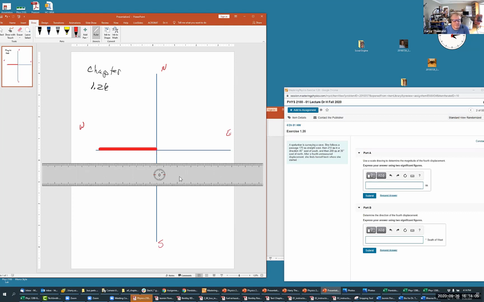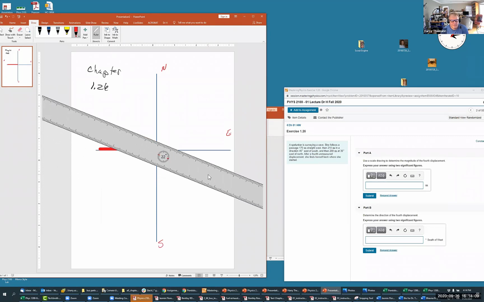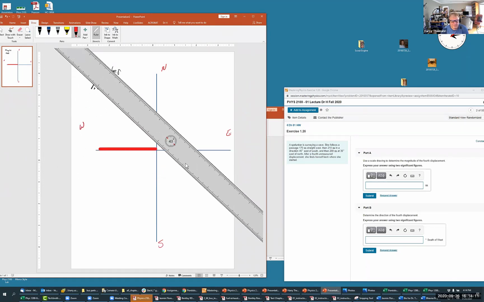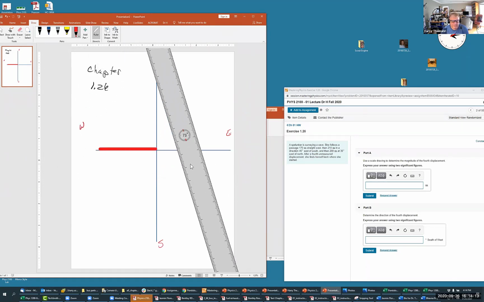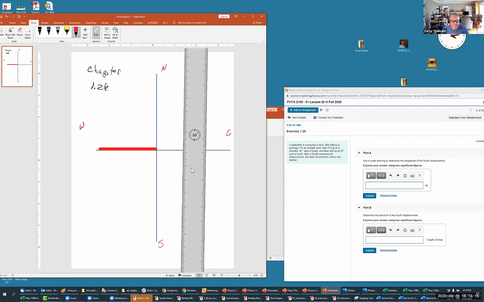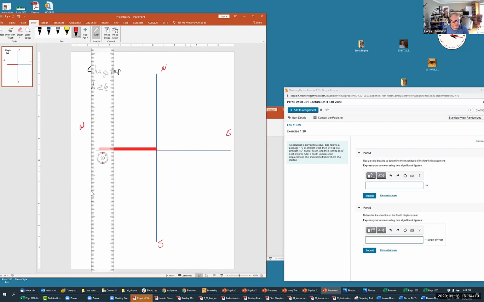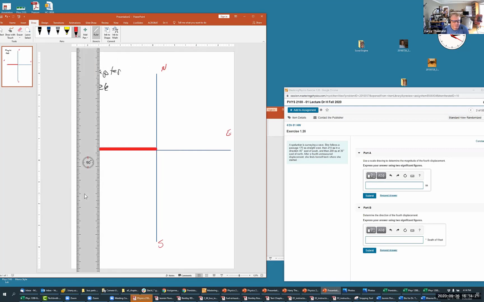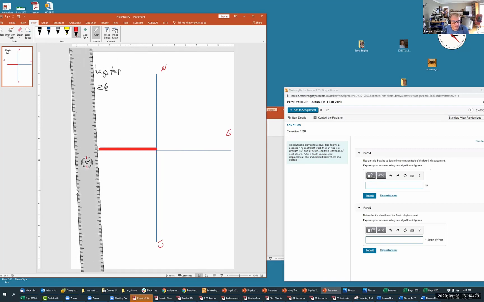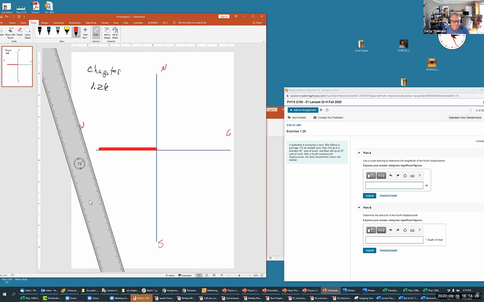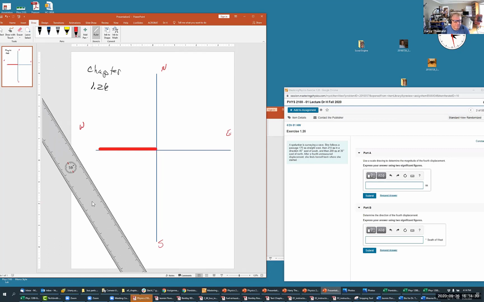So that means tipping this way. All right, 45 degrees.